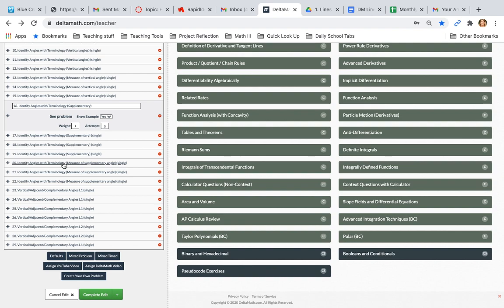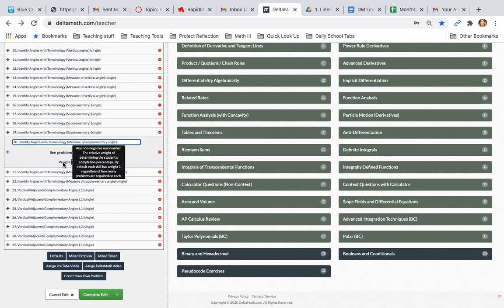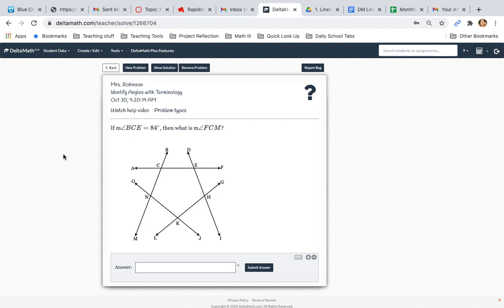Next, we're going to just identify angles with terminology here, where it tells us the measure of BCE is 84, and then we have to decide the measure of FCM based on what it is. So I am just going to flip back over. They tell me BCE is 84, and they want me to find FCM.